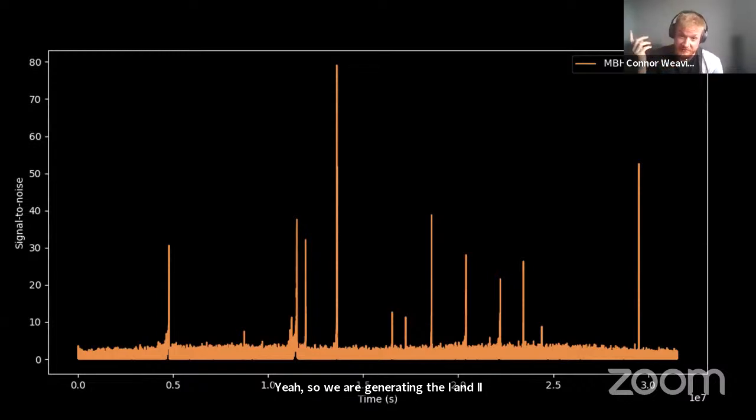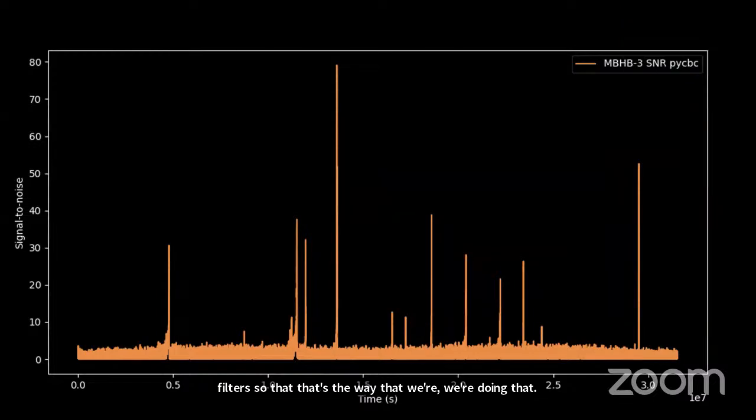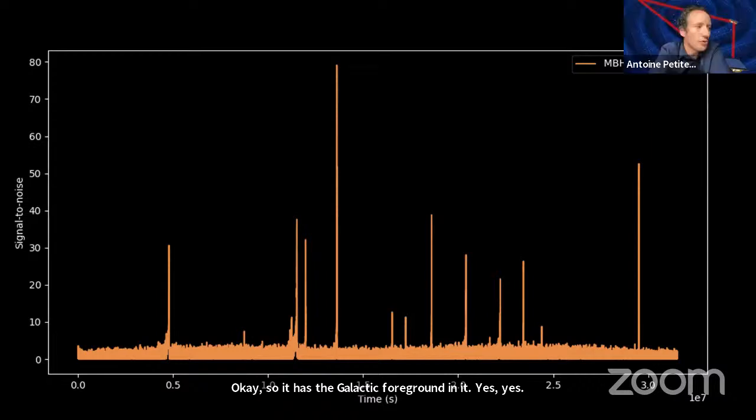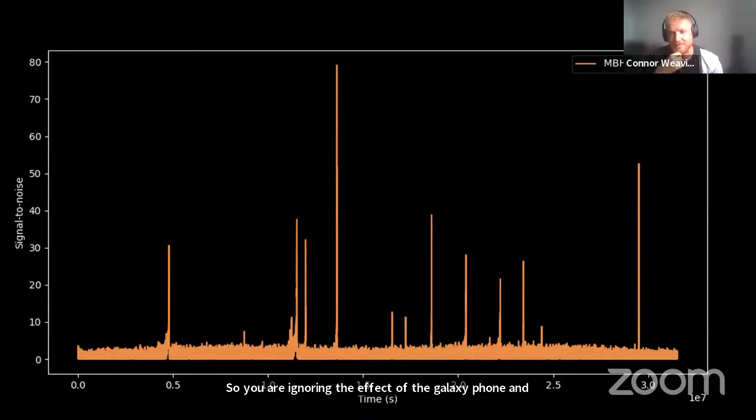We're then generating the PSD of the entire year of both of those data, and then giving that along with the match filter. So that's the way that we're doing that. Okay, so it has the galactic foreground in it. Yes. Okay, so you are ignoring the effect of the galactic foreground and trying to search like that. Yes, exactly that.